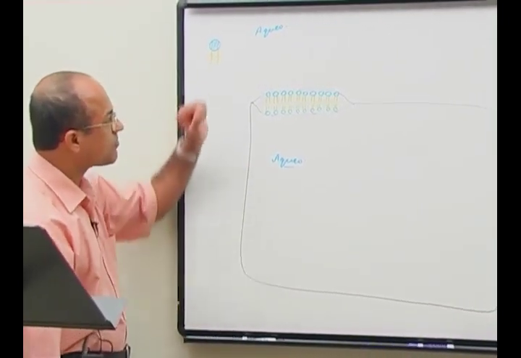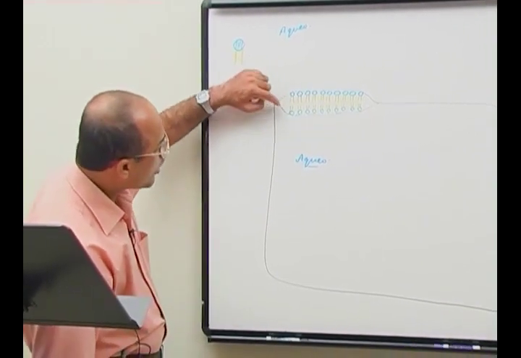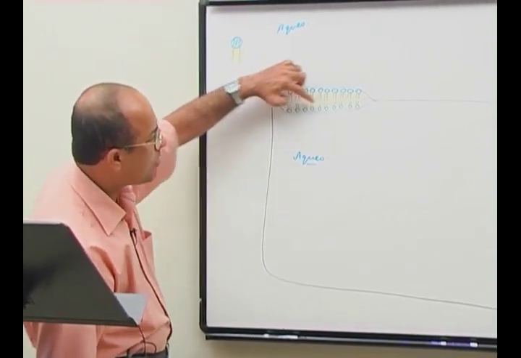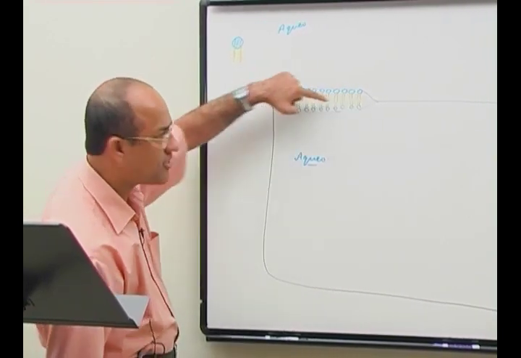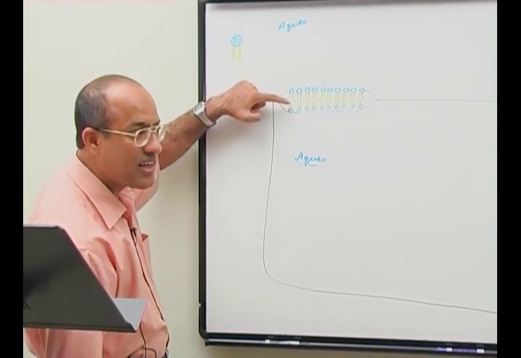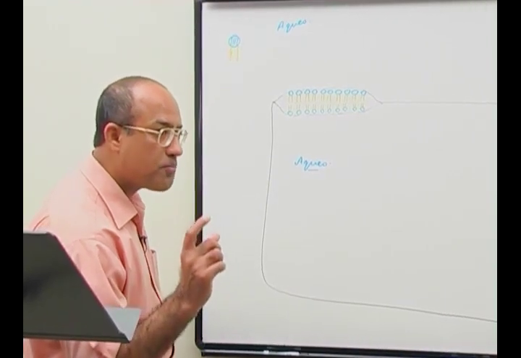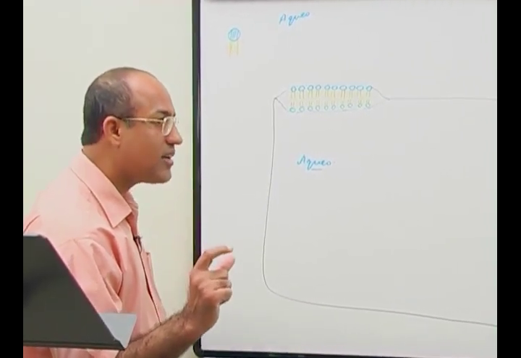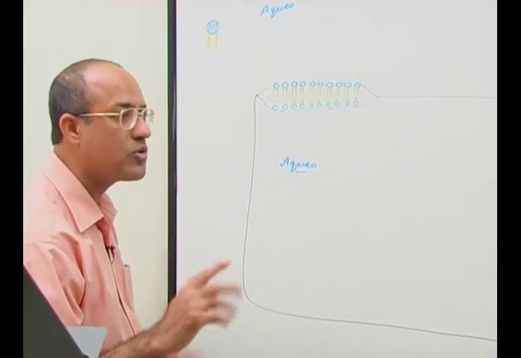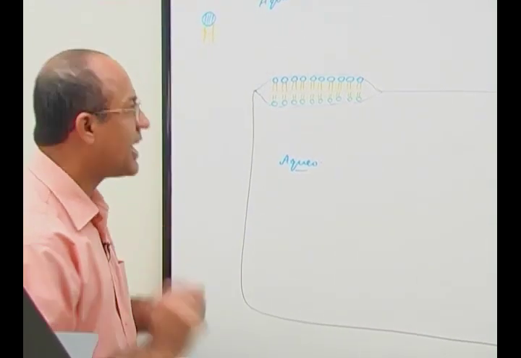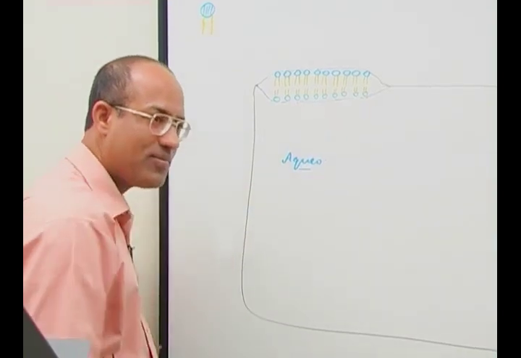Now another thing. You see, the core of the cell membrane has a lot of lipid inside. This is all lipid. So it means those compounds which are highly charged, or very large, can they directly enter into the cell?